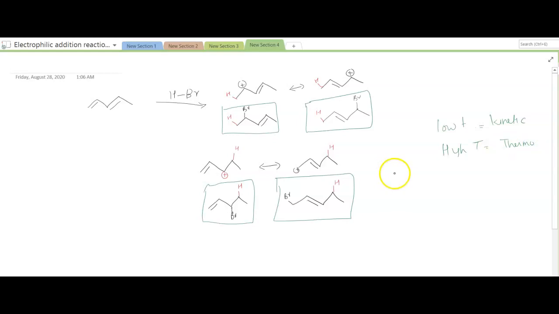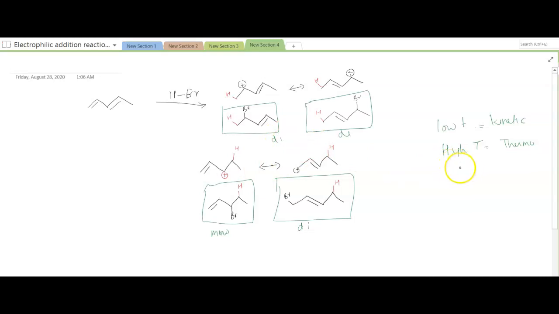Now if you look at these, we have one, two, three alkenes, or double bonds, which are di-substituted. This is a mono-substituted alkene. This is a di-substituted alkene, this is a di-substituted alkene, and this one is also a di-substituted alkene, right?